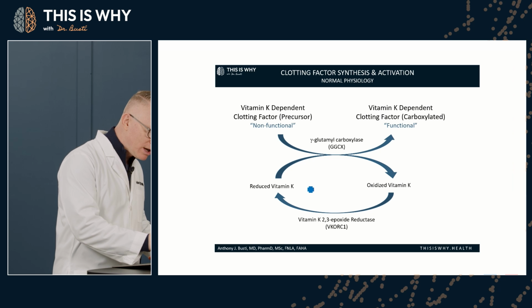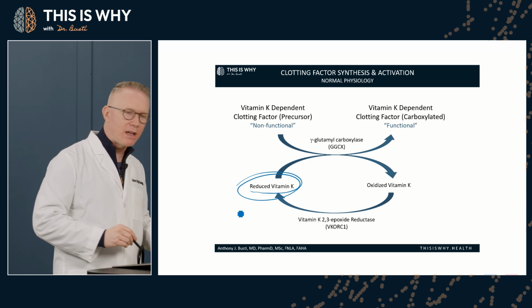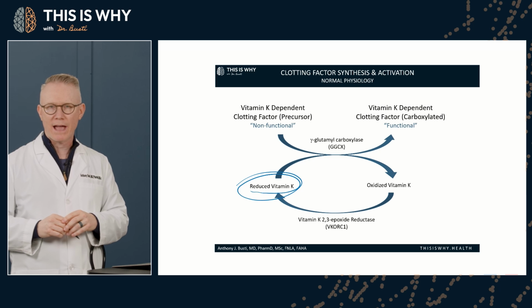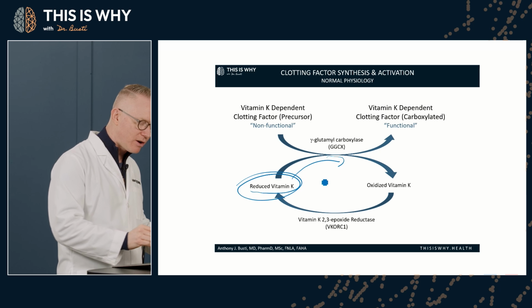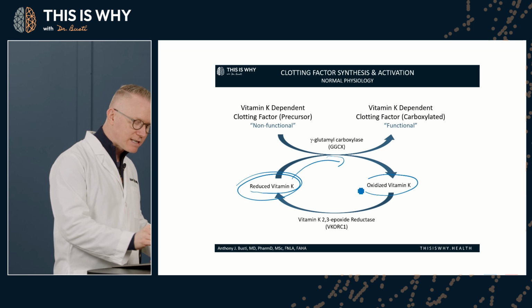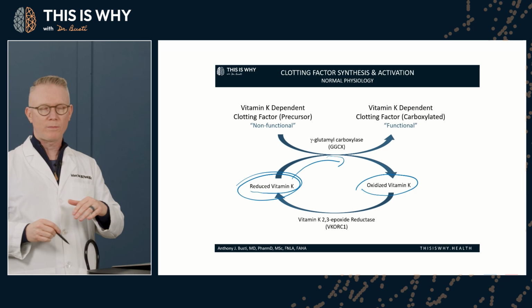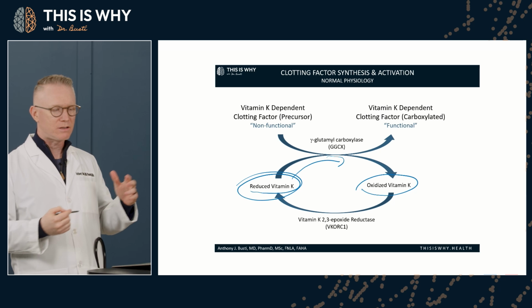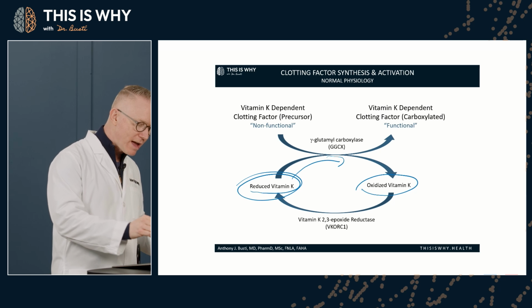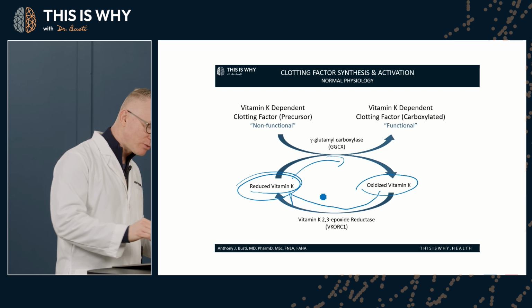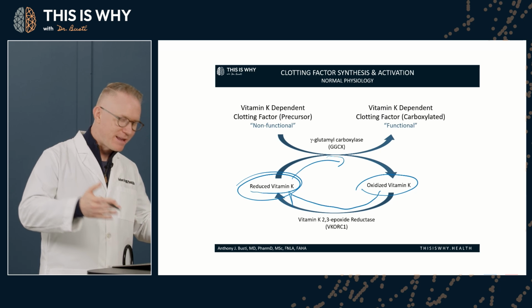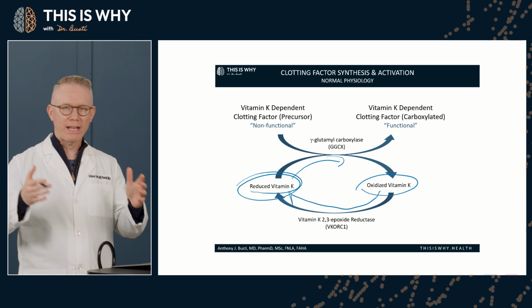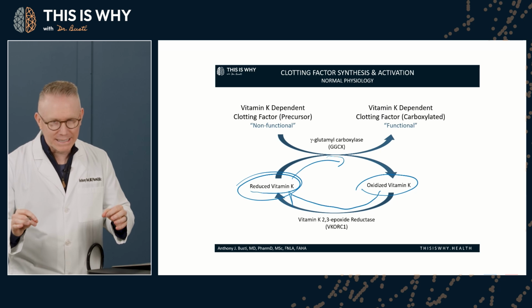But remember, you need reduced vitamin K in order for that chemical reaction to occur, for gamma-glutamyl carboxylase to use it. You see that arrow here. Well, when it uses the reduced form, it forms an oxidized vitamin K. Then that gets recycled back to the reduced form by, guess what, vitamin K 2,3-epoxide reductase.